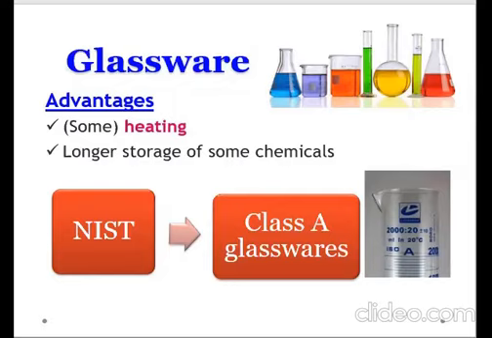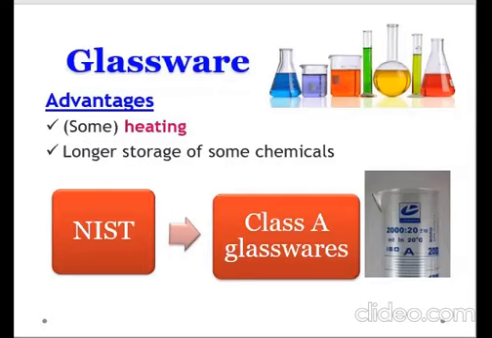Or a beaker, which is used for heating. Or the volumetric flask. Okay? So, there are glasswares that cannot be used for heating. But of course, there are some that can, and that gives glasswares an advantage over the plasticwares.